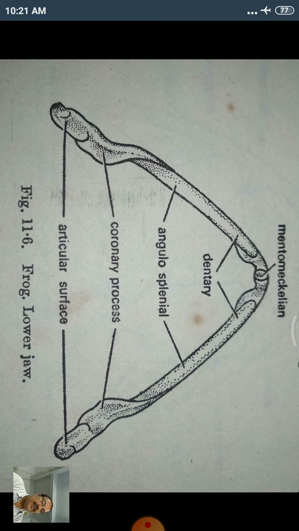At the junction of pterygoid, quadratojugal, and squamosal is a quadrate cartilage from which the lower jaw is suspended. The diagram gives certain parts like mento-Meckelian, dentary, angulosplenial, coronoid process, articular surface. This is something about the lower jaw of frog.